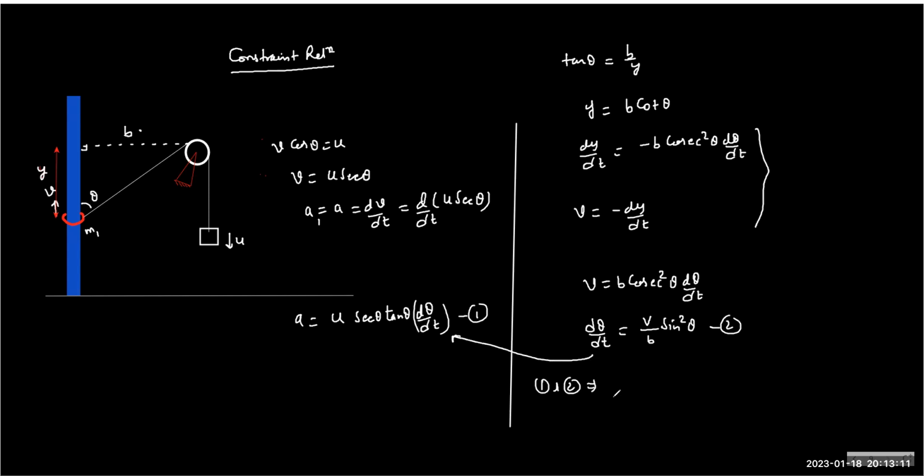So 1 and 2 imply we can say a equals u sine theta upon cos square theta into v by b sine square theta. But what is v itself? The v itself is u sec theta, right?